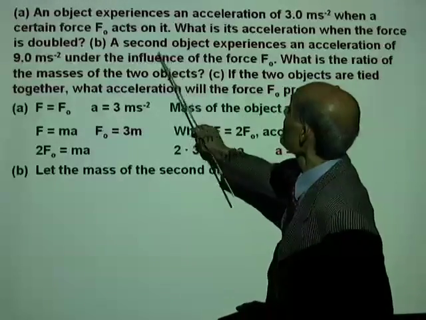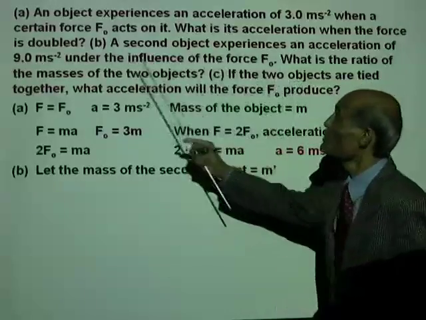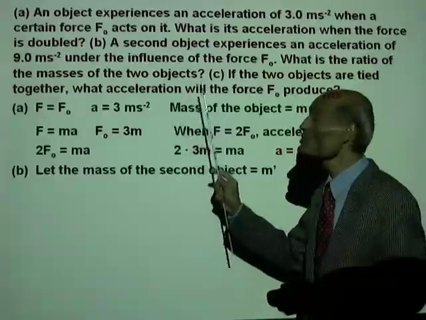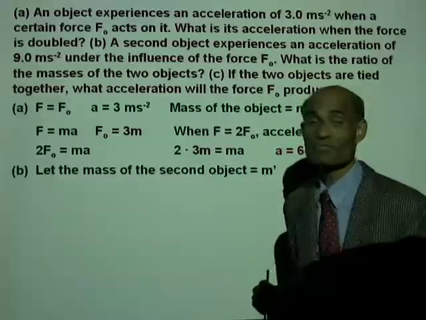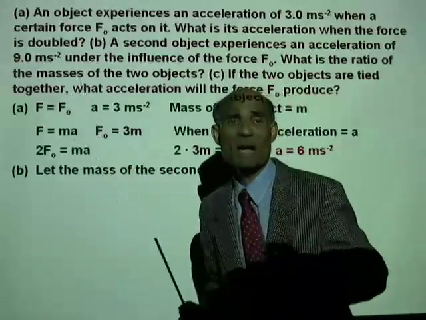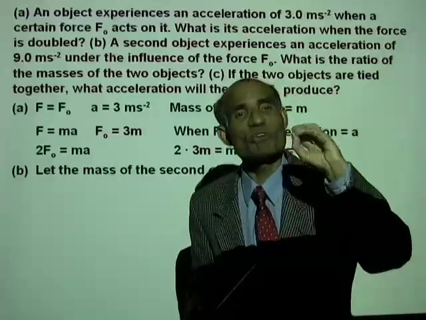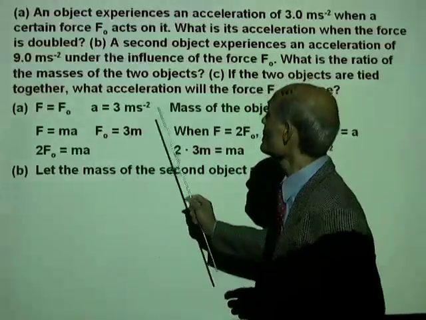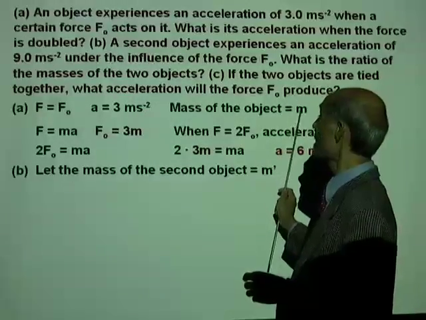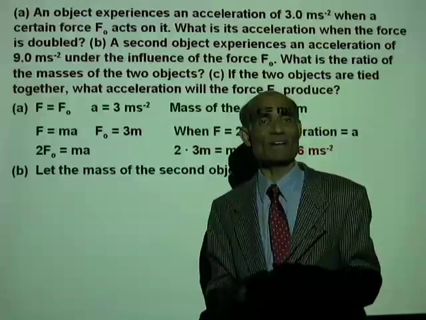B. A second object experiences an acceleration of 9 meters per second squared under the influence of the same force F0. Now tell me, is this second mass greater than or smaller than the first mass? The force F0 acting on the first mass produced an acceleration of 3 meters per second squared.